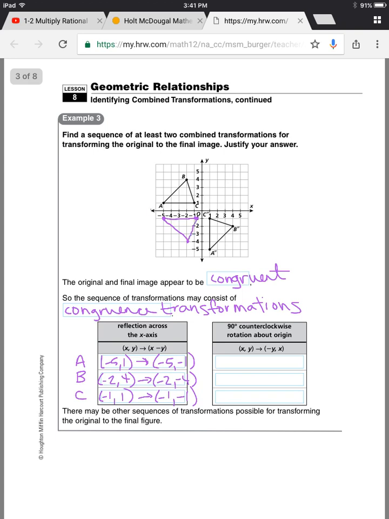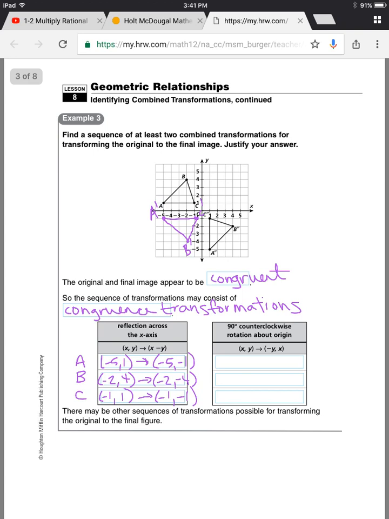And this is my A prime. This is my B prime. And this is my C prime. Okay? Now we're saying we took that purple triangle and we did a 90-degree counterclockwise rotation about the origin. When we do 90 degrees counterclockwise, we multiply the y by negative 1 and then we flip our x and y coordinates.